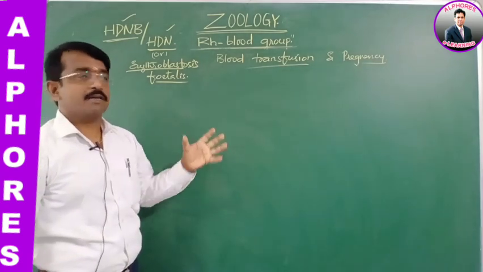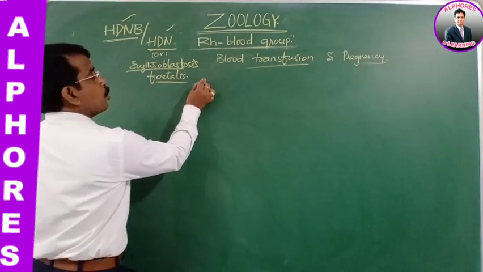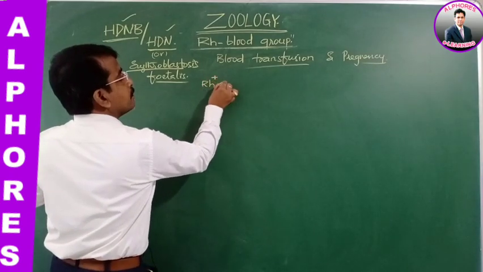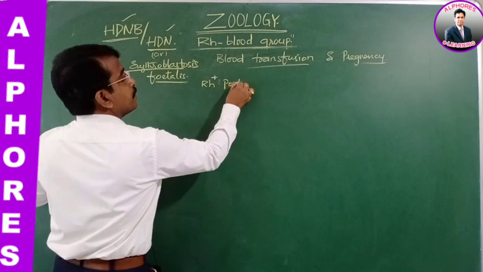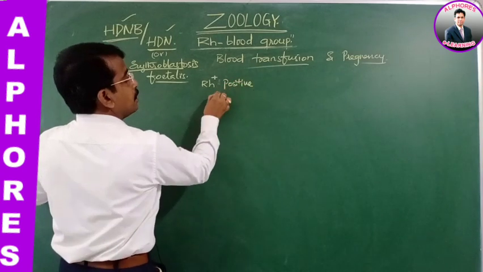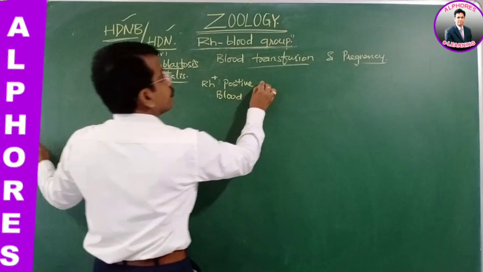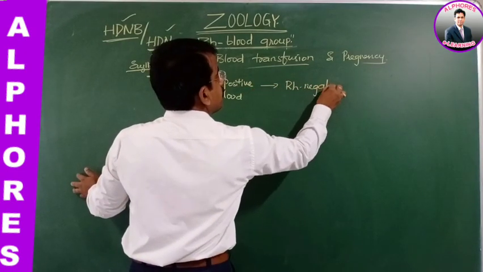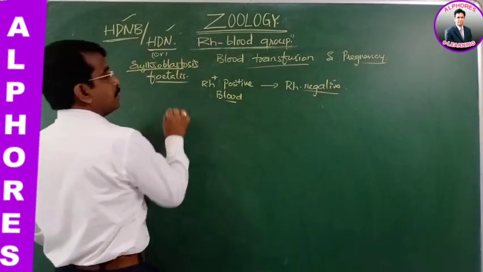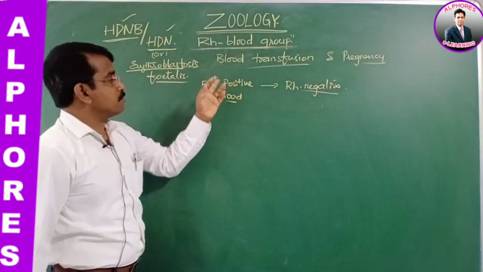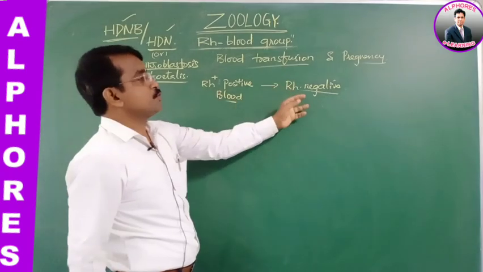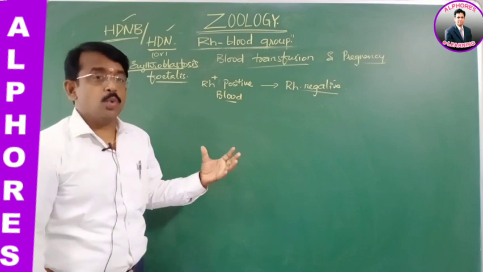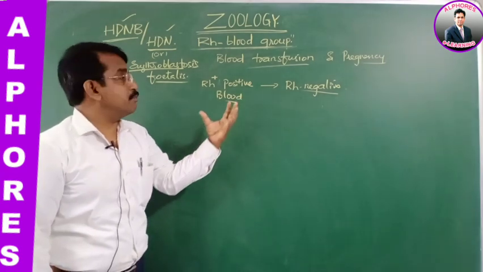The first condition is blood transfusion. Suppose Rh positive blood is donated to an Rh negative individual who has earlier not had any blood transfusion.